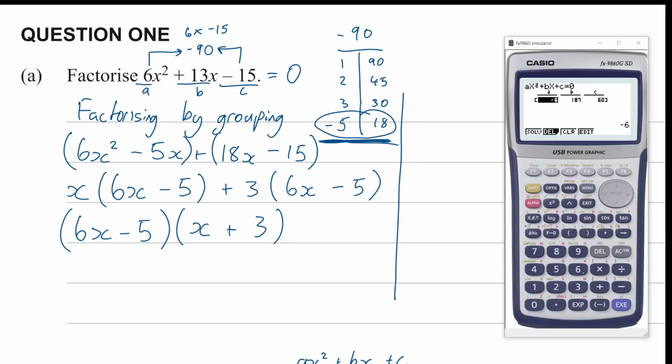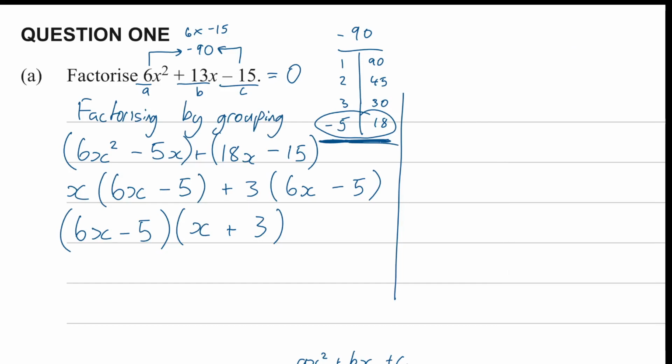So in this case, a would be 6, execute, b would be positive 13, and c would be negative 15. Then we just hit F1, which is solve. Now this says that the solution, the roots, are x equals 5 over 6 or negative 3.